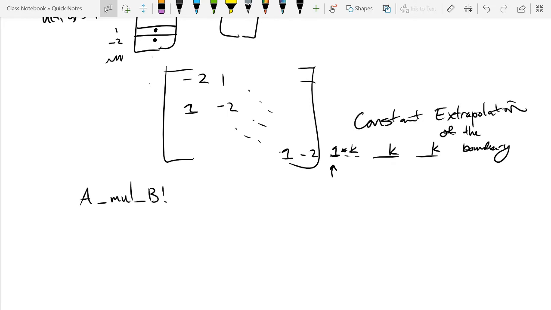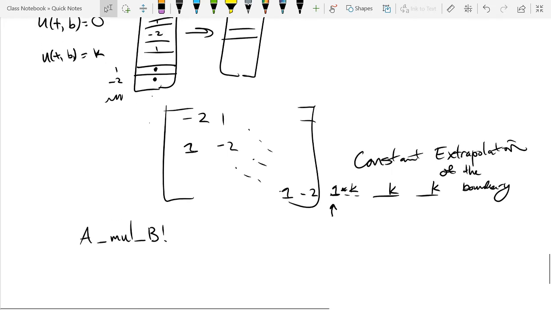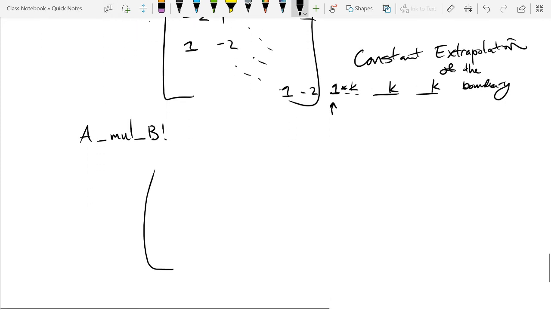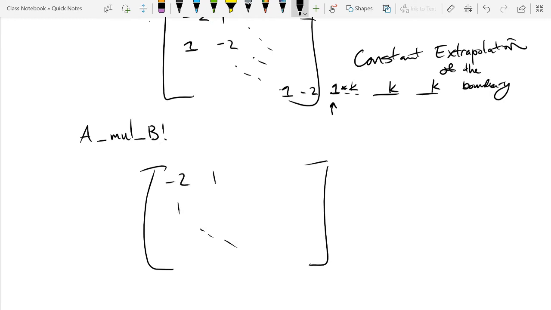So okay, that's how you'd handle a Dirichlet condition. Now Neumann boundary conditions can be a little bit harder to derive. But at least for the case of Neumann is 0, what you can do is that you can say that this 1 would have gone over here. So Neumann condition of 0 means that the derivative should be 0 at the boundary.